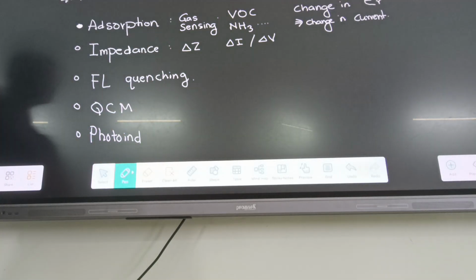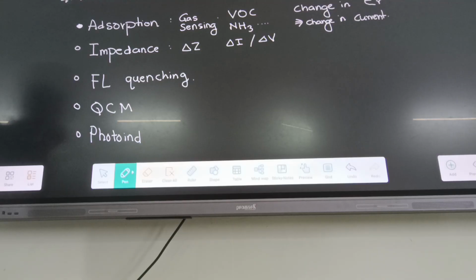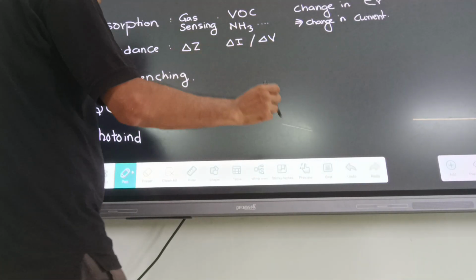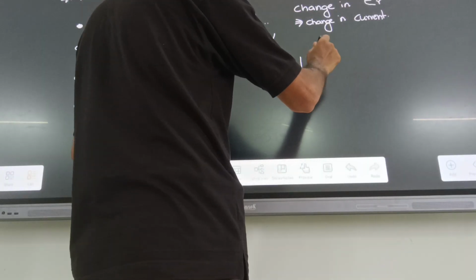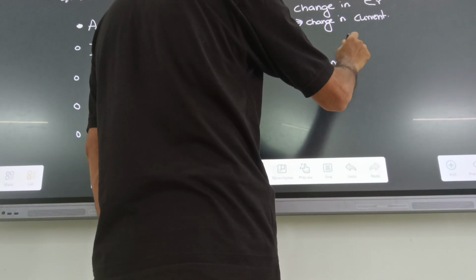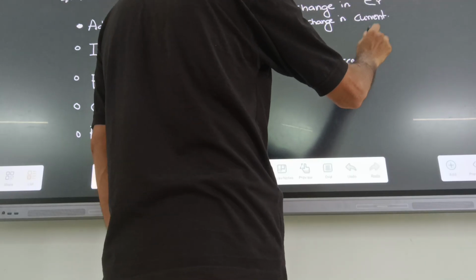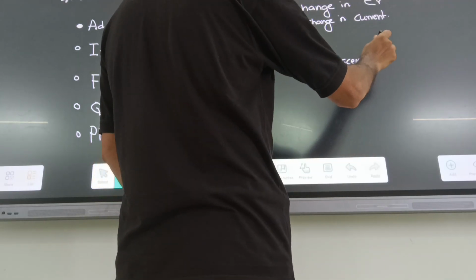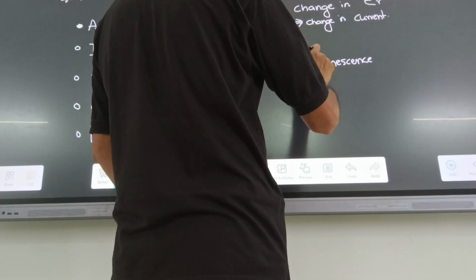Interesting is this one. Fluorescence quenching. This is basically luminescence based sensing.